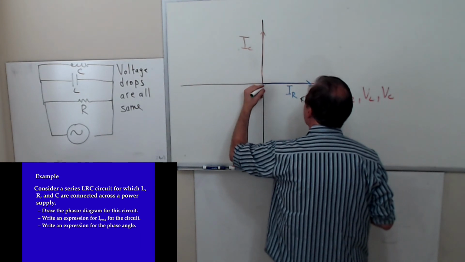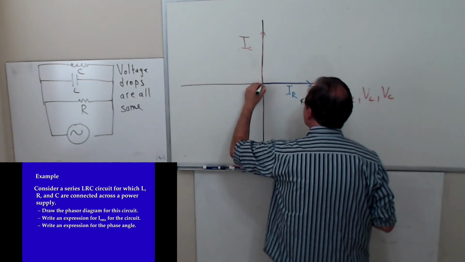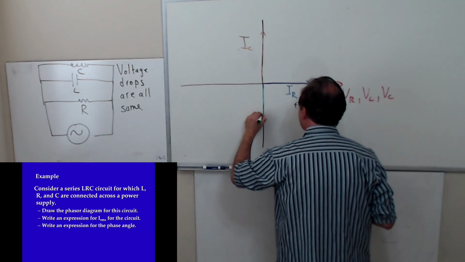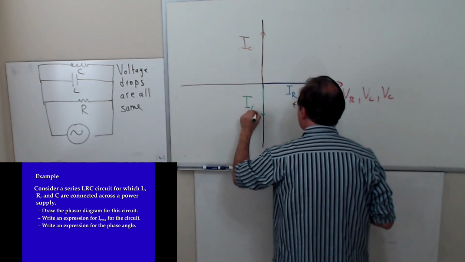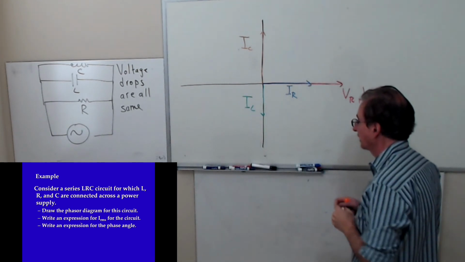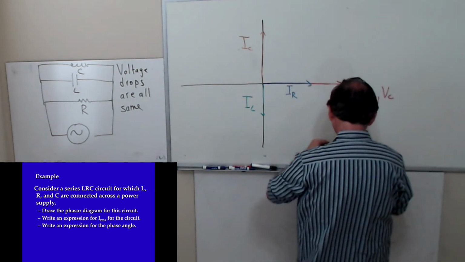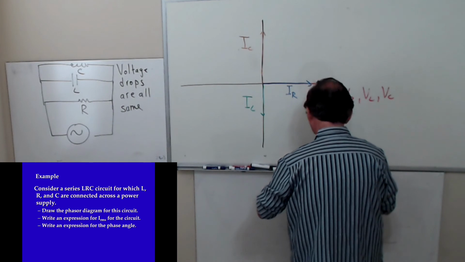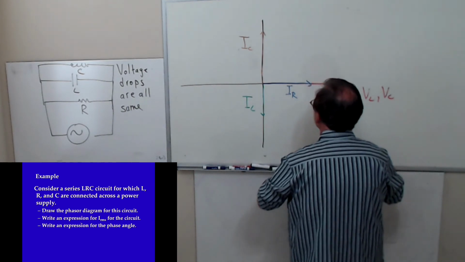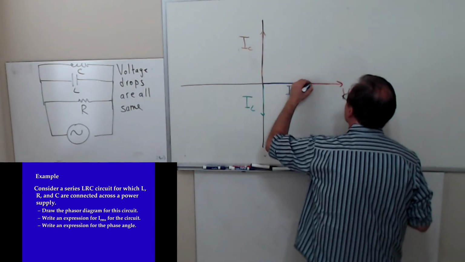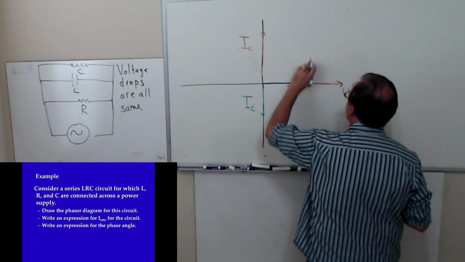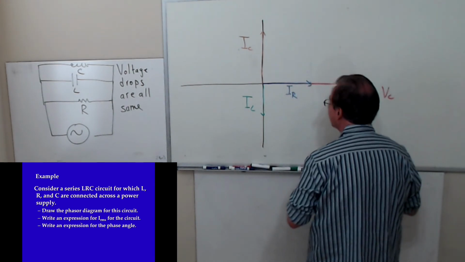And then let me draw I sub L. And then let me draw here I sub C minus I sub L. Not blue, let me use a different color. Purple.